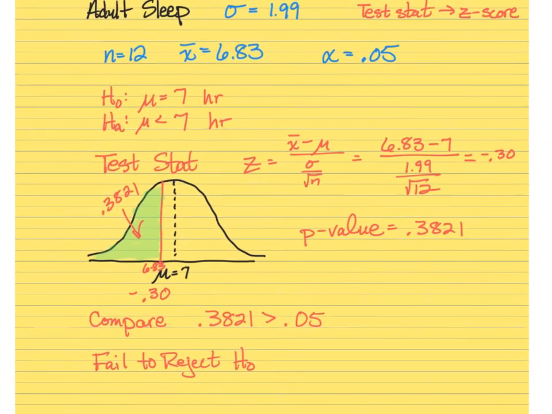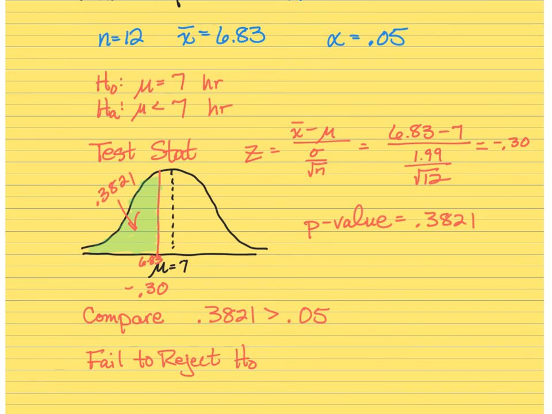Yes, our sample was smaller than 7, but that difference from 7 of 6.83 is just likely. There's a 38% chance that it's likely just due to chance, due to the 12 people we surveyed, right?